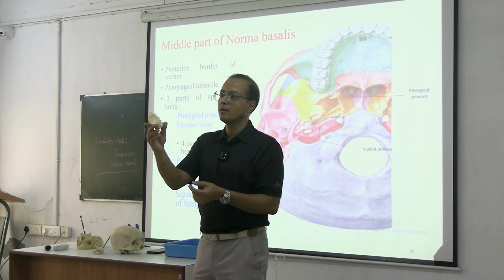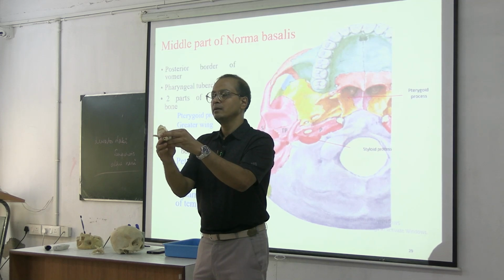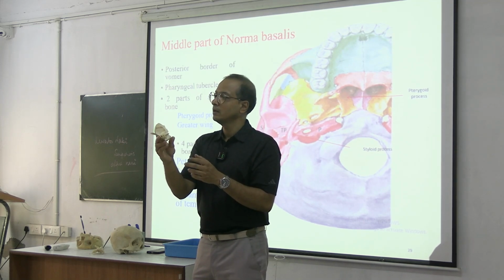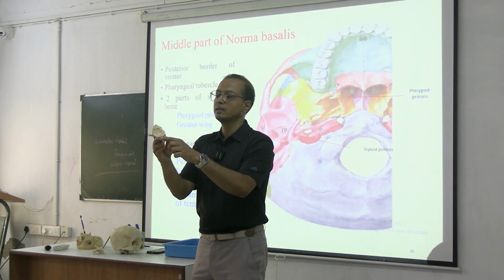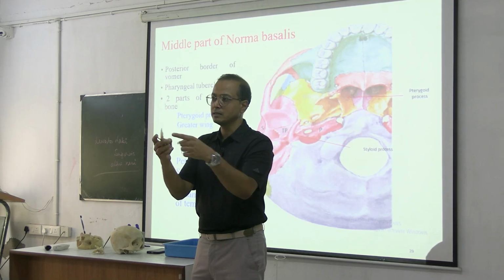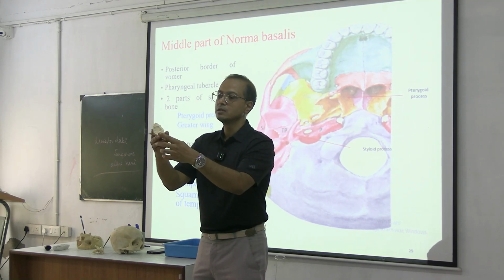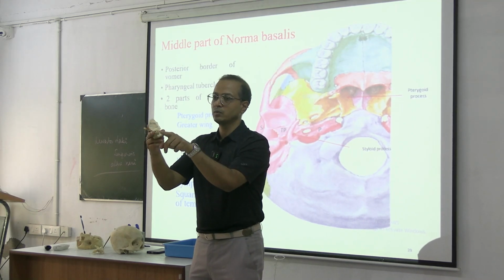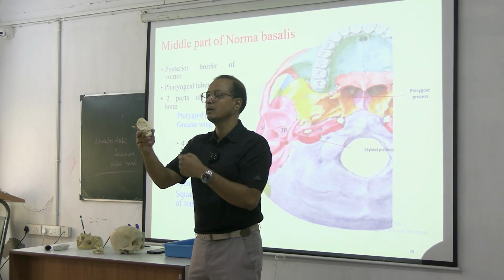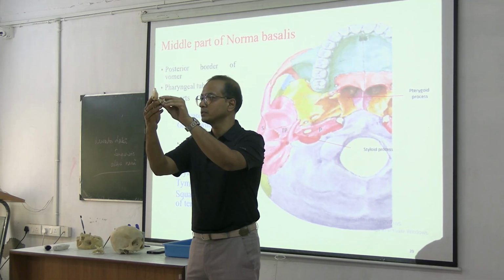So it is easy to hold this in anatomical position. Have this directed toward the midline, as if crossing each other. This is how we hold it in anatomical position.